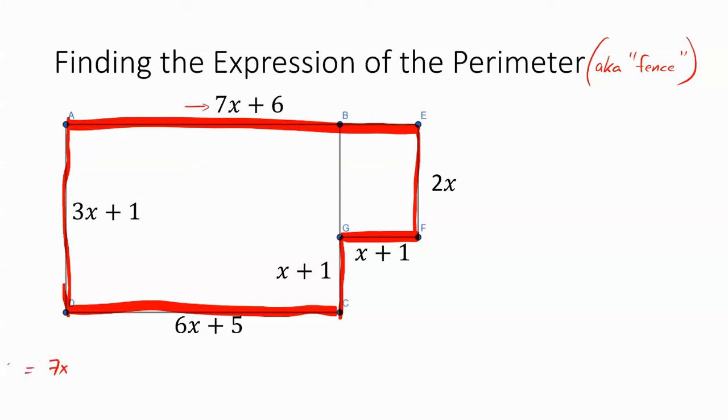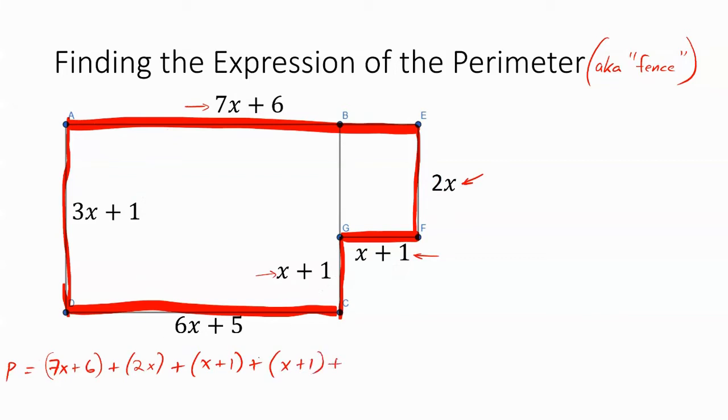So again, here's our setup for our perimeter, P. 7x plus 6, plus the 2x, plus the x plus 1, plus, looks like we have another x plus 1 representing CG, so covering that part of the fence.